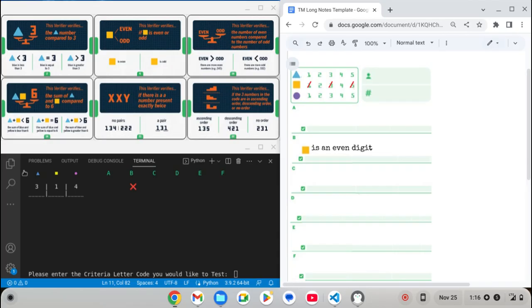Now, unfortunately, my proposal has 3, 1. So obviously, if I get an X, it doesn't necessarily establish that it is equal to 6, but at least we'd be eliminating one of the possibilities. So let's go ahead and test criteria card D.